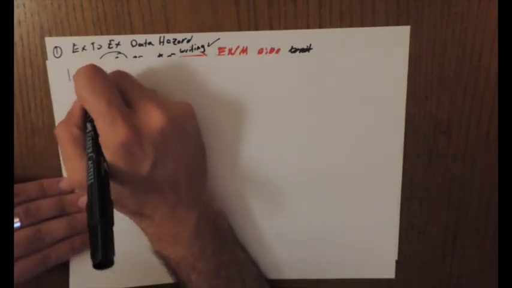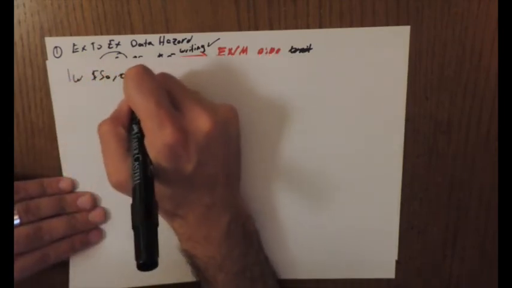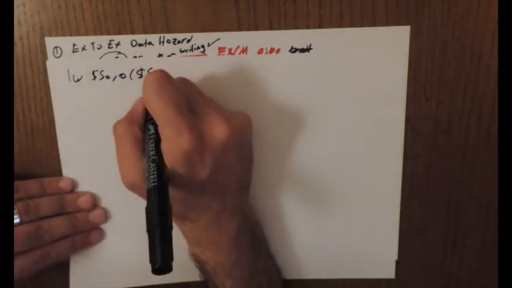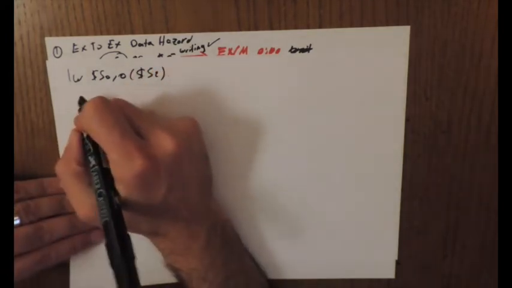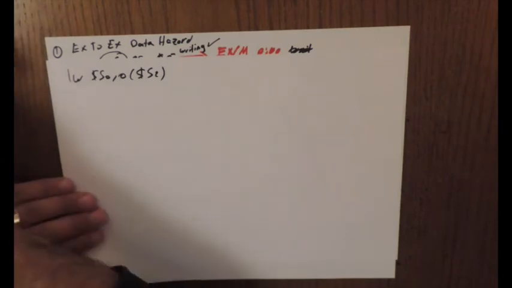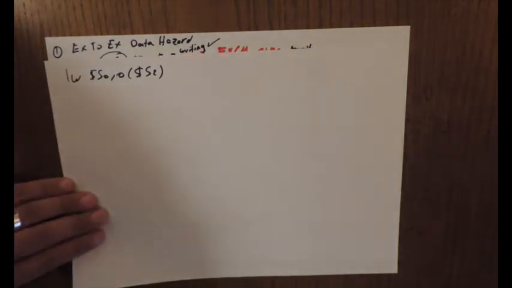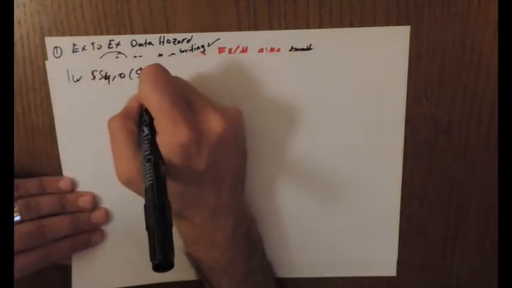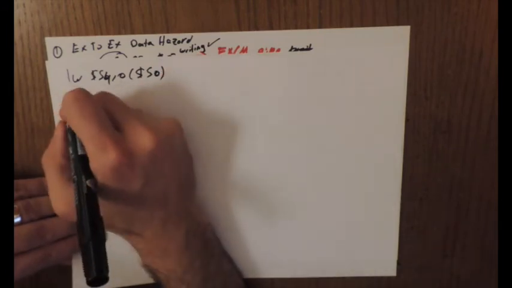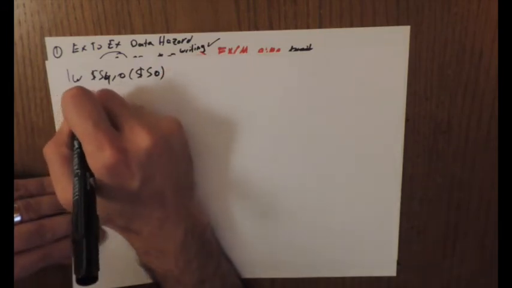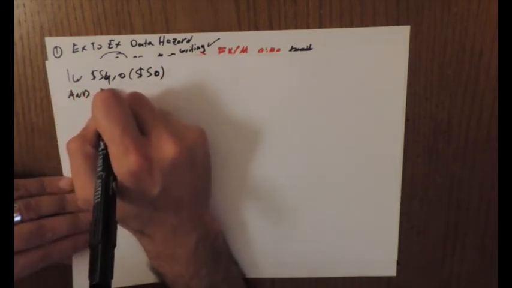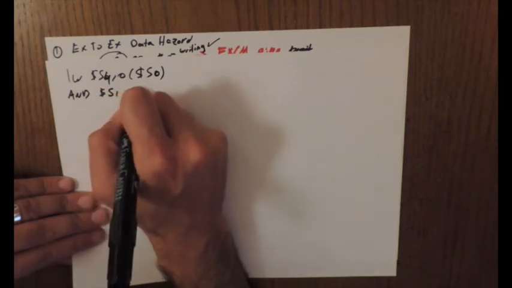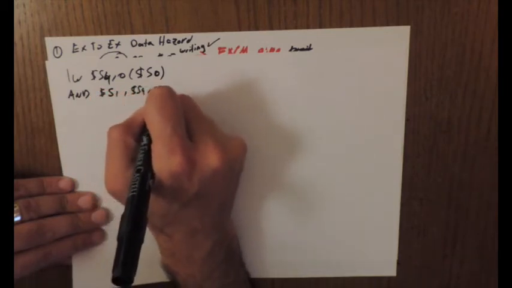load $S0, $0, S2, and then we have, let's take the same one as the example. We said that we have $S4 and S0, and then we had and $S1, $S4, $S0.